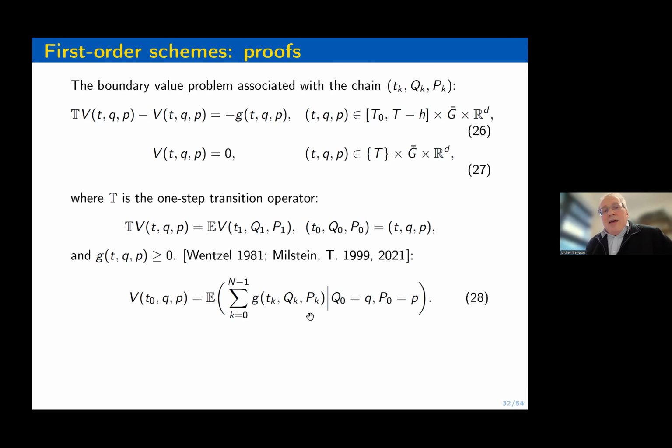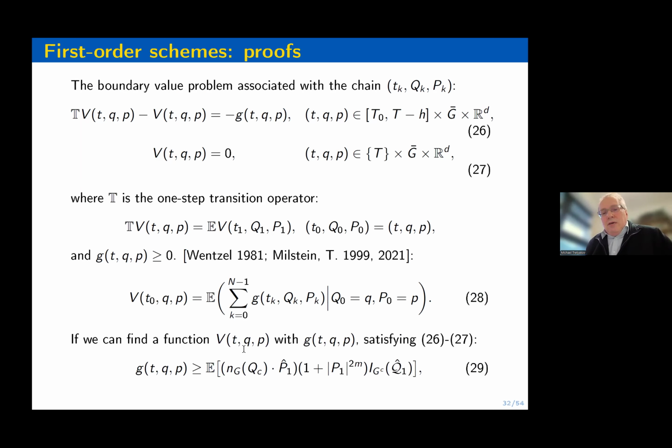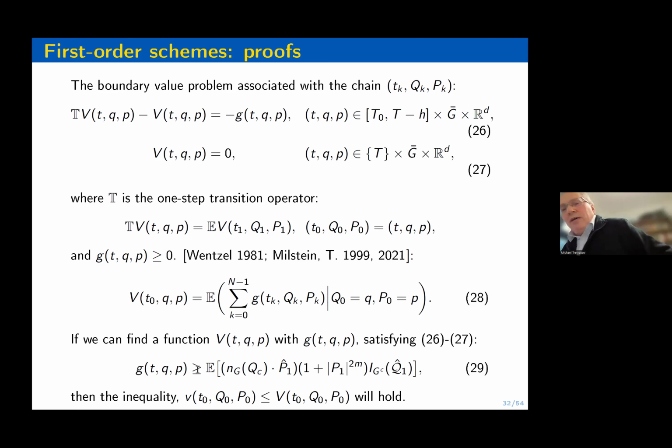And then if I can find V, which I would normally call a Lyapunov or Lyapunov-type function, so that it solves this problem with some G, and this G satisfies this inequality, where on the right-hand side we have exactly what we have in the lemma, then V small, which is the expression in the lemma, is bounded by V capital, and V capital I construct such that it doesn't bring out H.